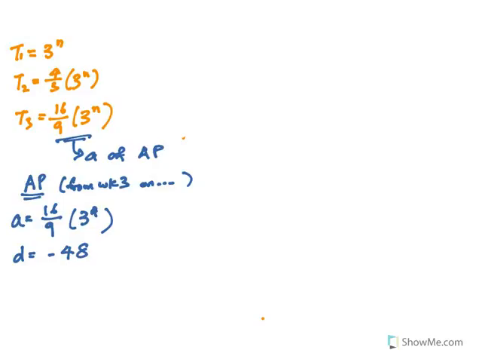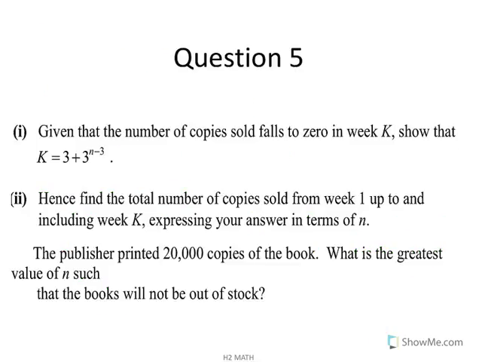Given that the number of copies falls to 0 in week K, show that K equals 3 plus 3 to the power of n minus 3. So what does it mean? We want to show that the number of copies sold falls to 0. Given that this follows an AP, what will it look like?